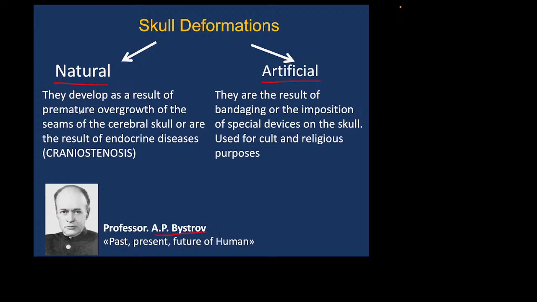Natural deformations develop as a result of premature overgrowth of the seams of the cerebral skull, or they are a result of endocrine diseases. Sometimes we call it craniostenosis.